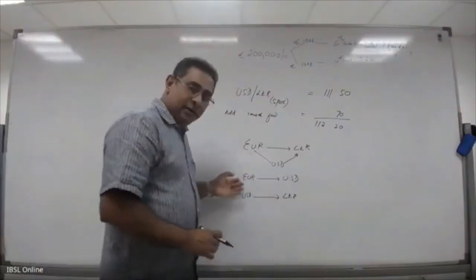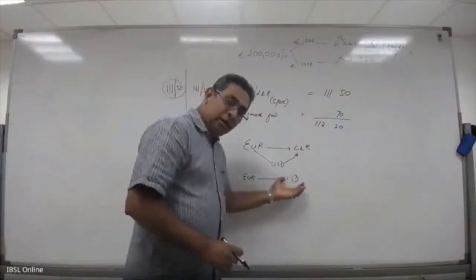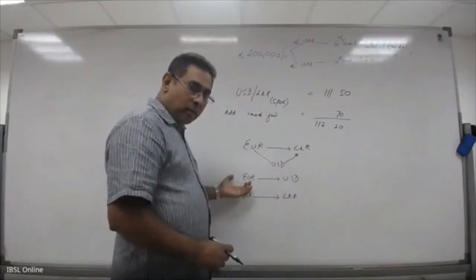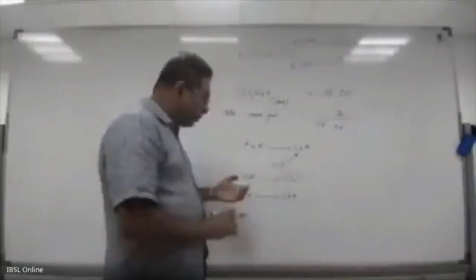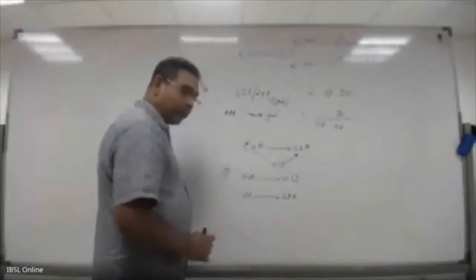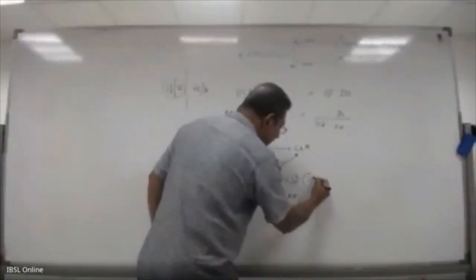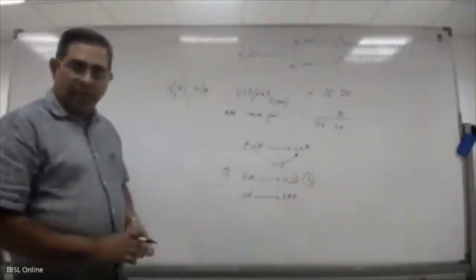So in other words, US dollars has to be sold for euro, and LKR has to be sold for dollars. US dollars sold for euro is the first leg, so the USD is shown as a sale here.